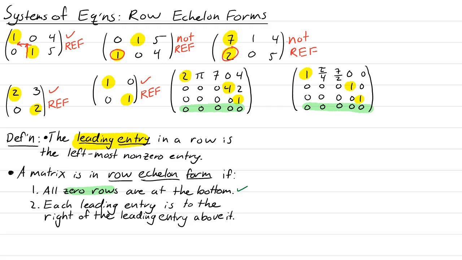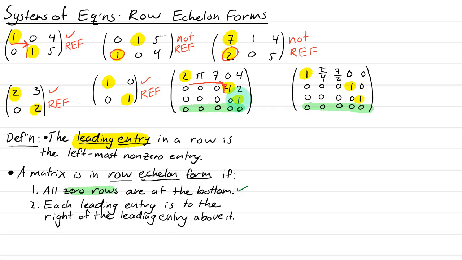And let's look at this one here. We have the leading entries highlighted. This one is to the right. The 4 is to the right of the 2. Yeah, that counts. Actually, maybe I should make a rightward arrow. That would make more sense. We're saying to the right of.